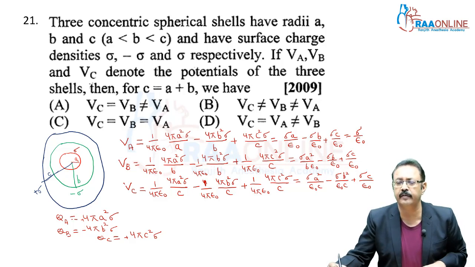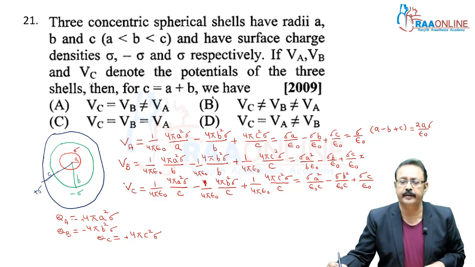In place of c, we can write a minus b plus c. They are saying c is equal to a plus b. b, b cancel out, it will become 2aσ. If we put in place of c a plus b, b, b cancel out upon ε₀.